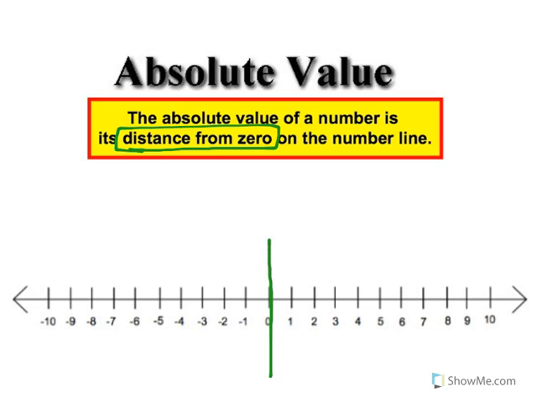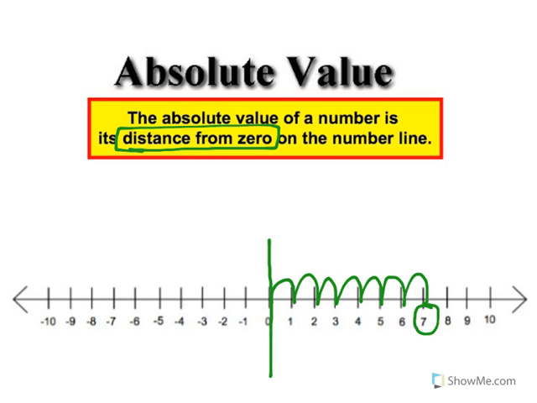So I was asking earlier, what is the absolute value of 7? I want to know how far 7 is from 0. So let's do some frog jumps. 1, 2, 3, 4, 5, 6, 7. So 7 is 7 units away from 0.